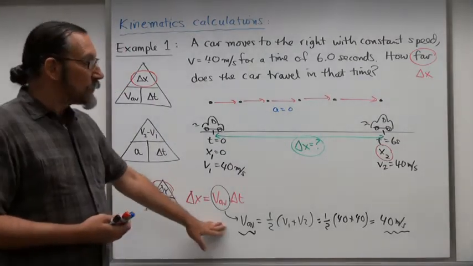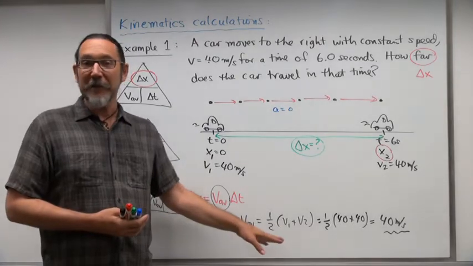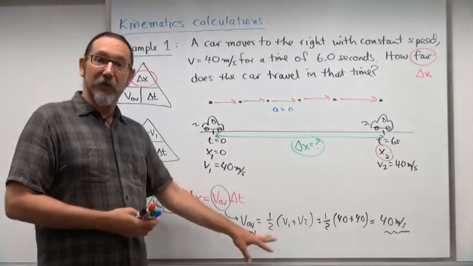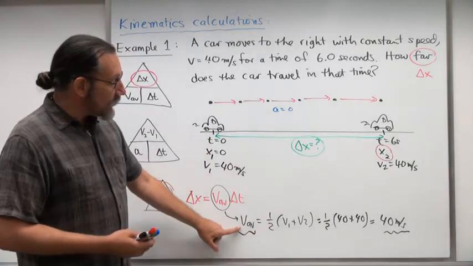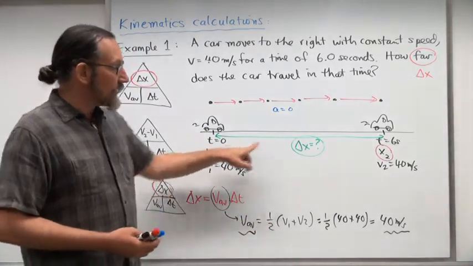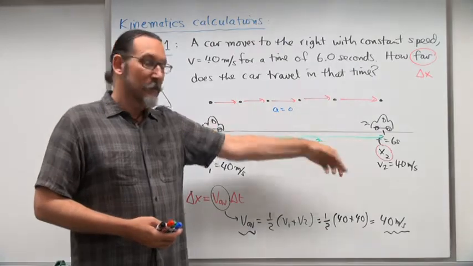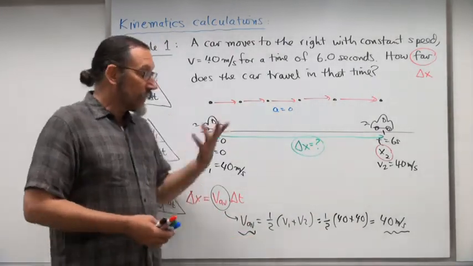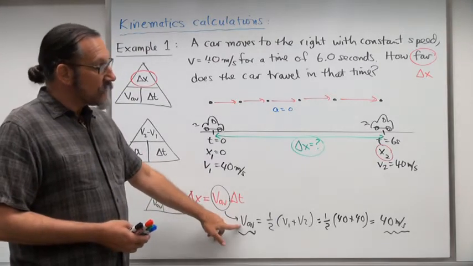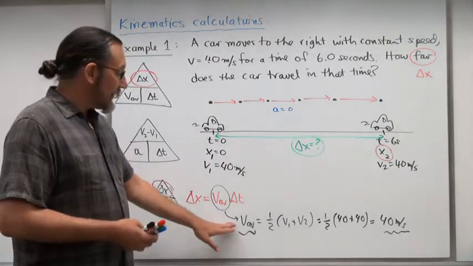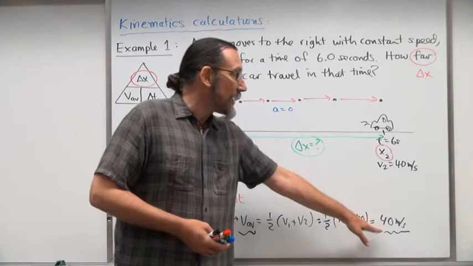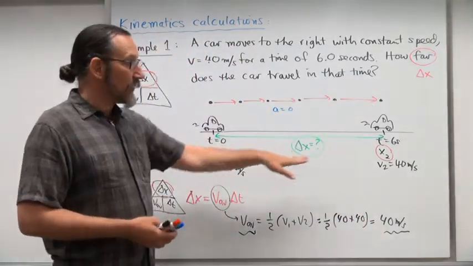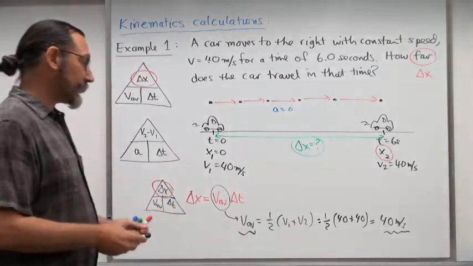But the reason I'm doing this in all its gory details here is that if the car was not traveling at a constant speed, we could still use the same technique. The average velocity will be 1/2 of the starting velocity plus the final velocity. This is also a good point to remember: you should always check as you do any calculation to see if it makes sense. The average velocity should be exactly the same as the velocity at any point along the way here, because the speed is constant. So we did do the math right.